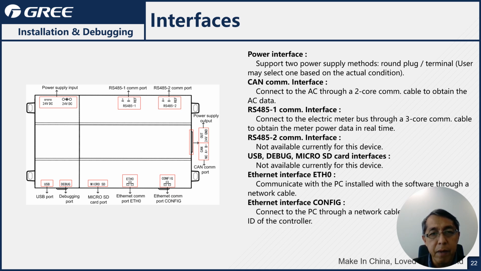USB debug and micro SD card interfaces are also not available. The Ethernet interface communicates with the PC installed with the software through a network cable. The Ethernet interface config connects to the PC through a network cable, along with the particular ID of the controller.